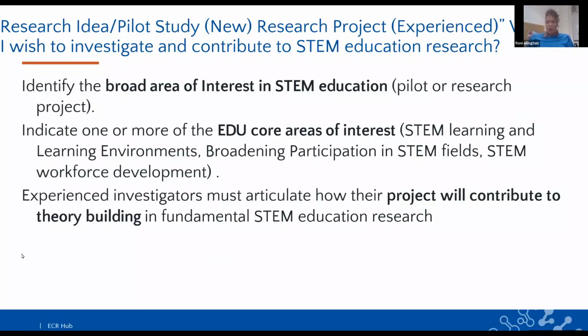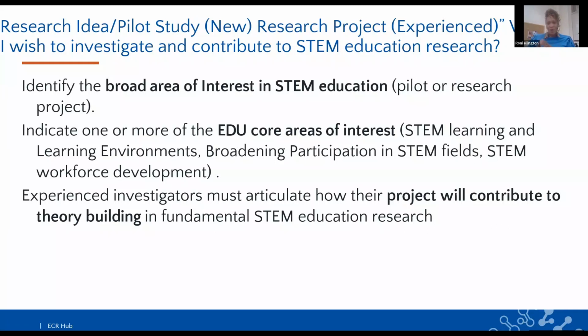So for the new investigators, if you've read the solicitation, you know that there are 2 tracks. One is for people who are new to STEM education research. Now, what that means is you may not necessarily be new to research, but you're new to STEM education research. So you might be a chemist who has worked in the lab and done some chemistry research, but you really want to do some work on the teaching and learning of chemistry and do some work that really is going to help you build capacity in that area.